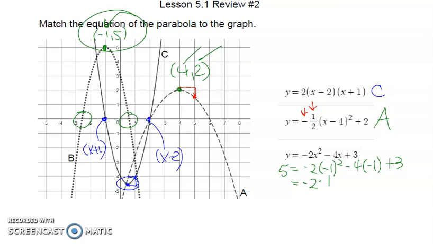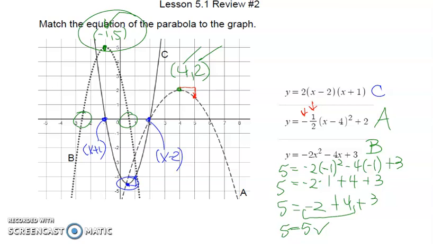A -4 times a -1 is a +4, plus the 3. -2 times 1 is -2, plus the 4, plus the 3. 4 plus -2 plus the 4, that's a 2, and 2 plus 3 makes 5. So this does work. So the bottom equation here goes with graph B. We can use the vertex as a way of supporting that the equation works.